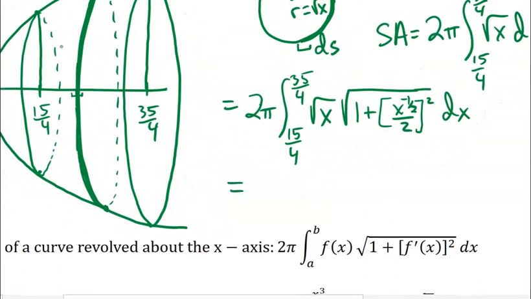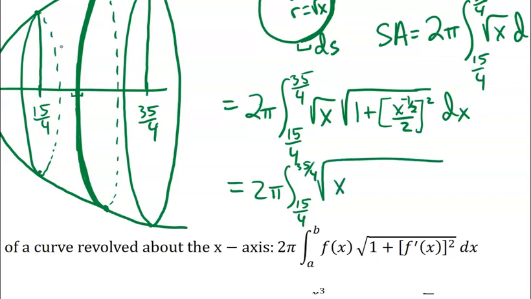So let's simplify this a little bit. So we have 2 pi times the integral from 15/4 to 35/4 of, and I'm going to distribute a root x. So I end up with x plus, and then this squared is going to be x to the negative first over 4.